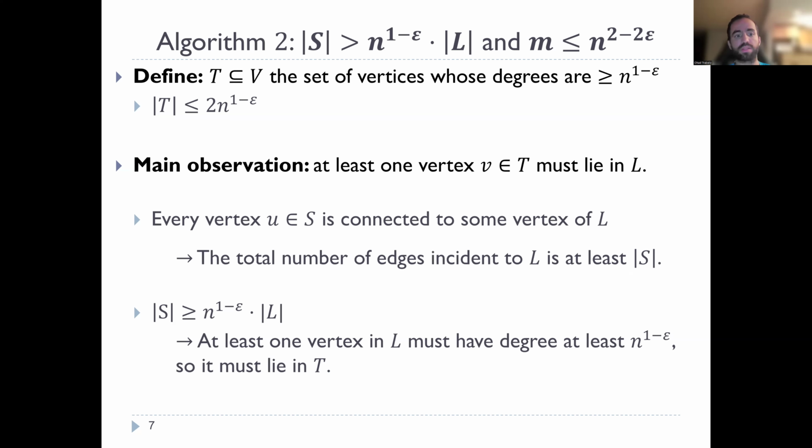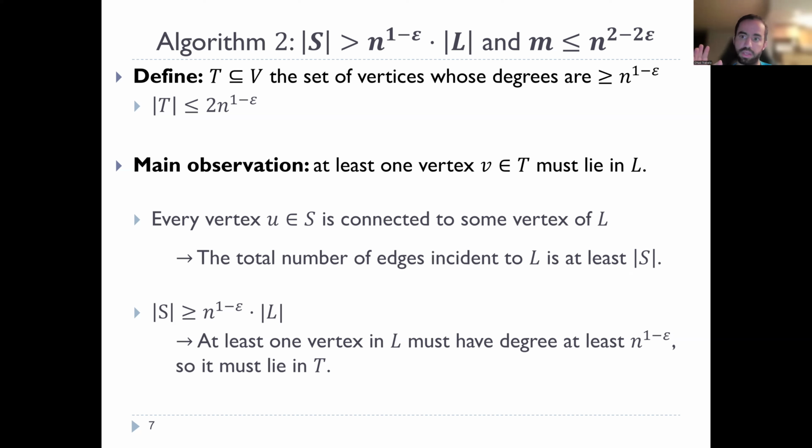Since we know that every vertex in the separator is connected to some vertex of L, and this is true because if it wasn't the case, then we would be able to move that vertex from S to R, reducing the size or the weight of the global minimum cut.